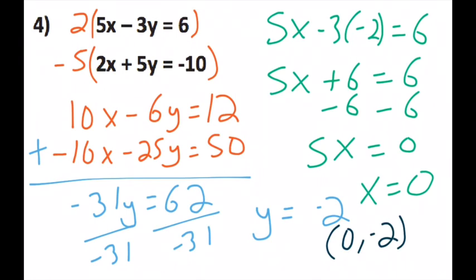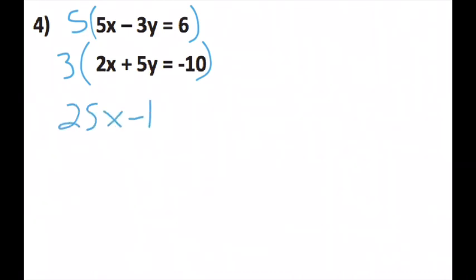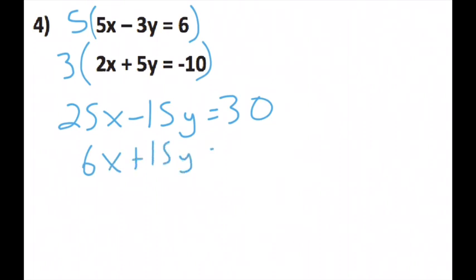Let's look at it in another way, though. I could have multiplied the top by a positive 5 and the bottom by a positive 3. That would have given me 25x minus 15y equals 30. And then 6x plus 15y equals a negative 30.